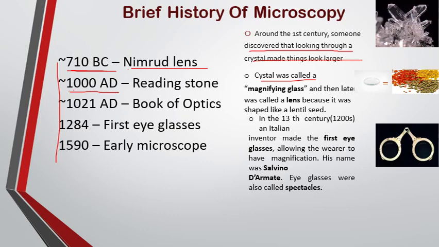So in 1021 AD, a book was written by a Muslim scholar named Ibn al-Haytham. It mentioned some things related to optics.